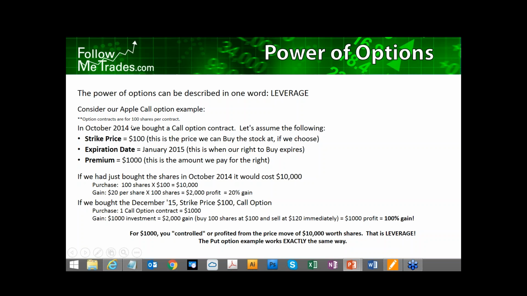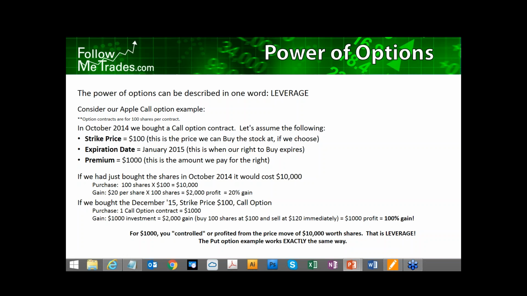So in October 2014, we bought a call option contract. Remember, we thought, hey, it's at 100, it's going to 120. I'd like to buy it at 100. So we bought it at what's called a strike price. That's the price we can buy the stock at if we choose. We have the right, but not the obligation, to buy the stock as a buyer.